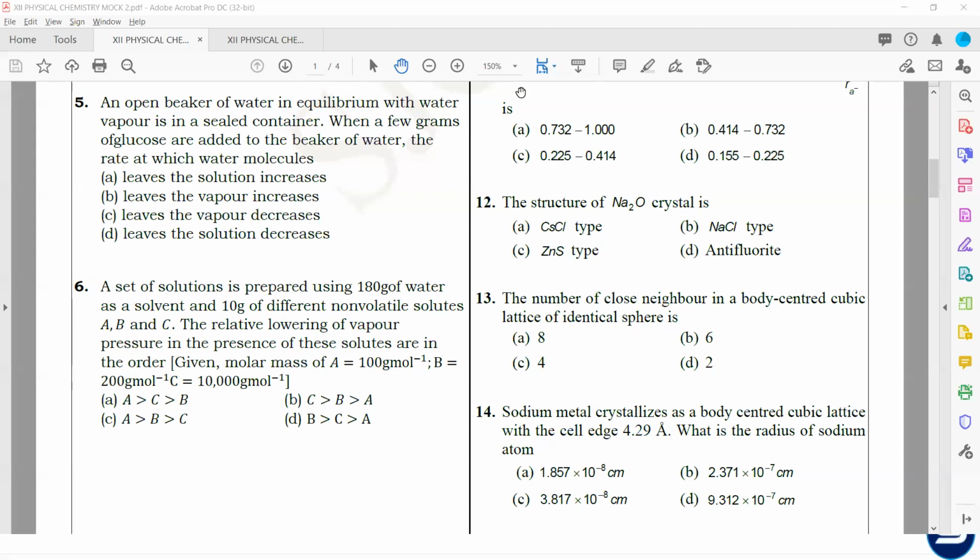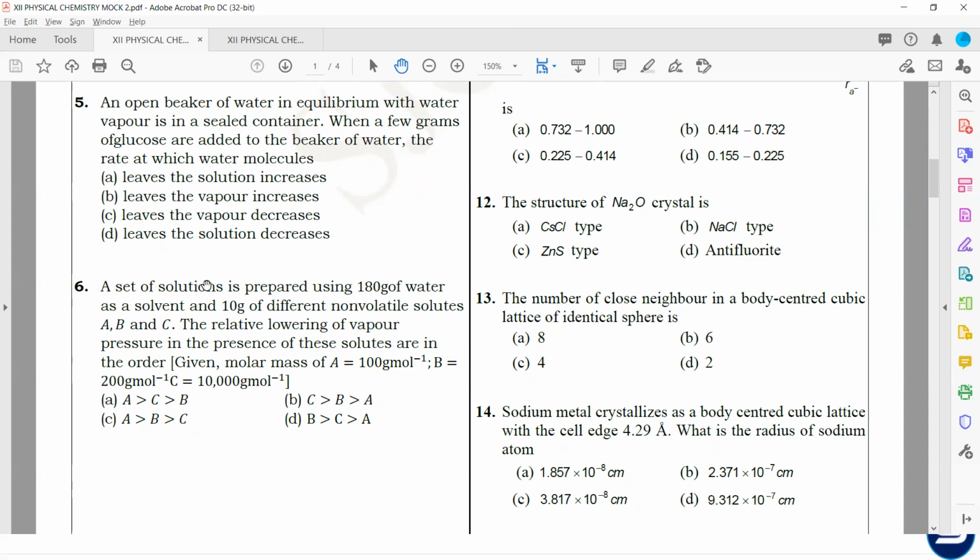It decreases. So the amount of vapors after addition of glucose will decrease. That is, the rate at which the water molecules leave the solution would also decrease. Vapors will reduce, so the vapor pressure will also reduce, and based on that the answer will be option D.